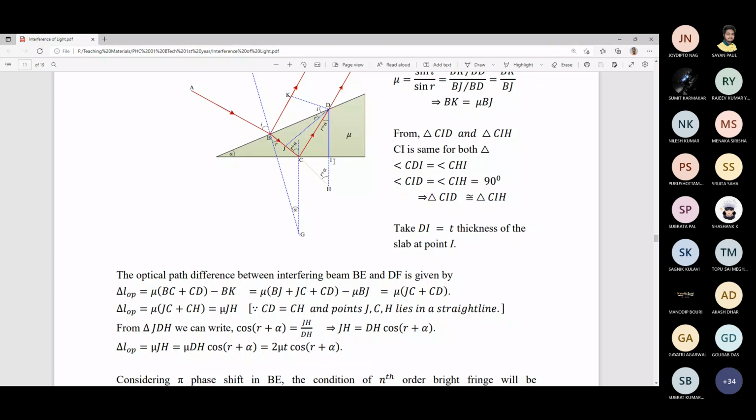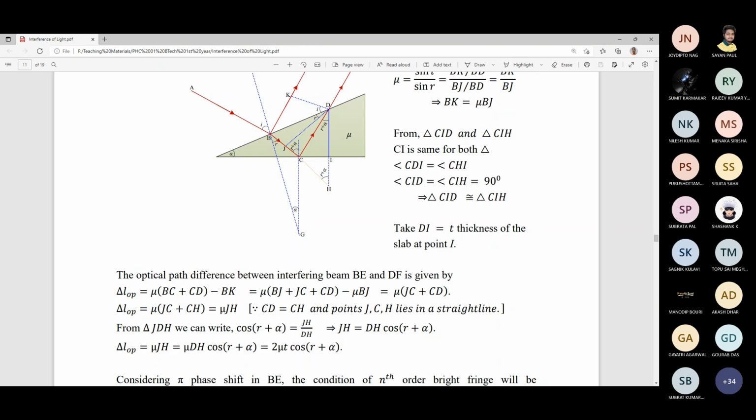DH equals twice DI because these two triangles are similar, right? This is 90 degrees, this is 90 degrees, this angle is similar, this side is common, and this equals this. So that means these two are congruent, so this equals this.